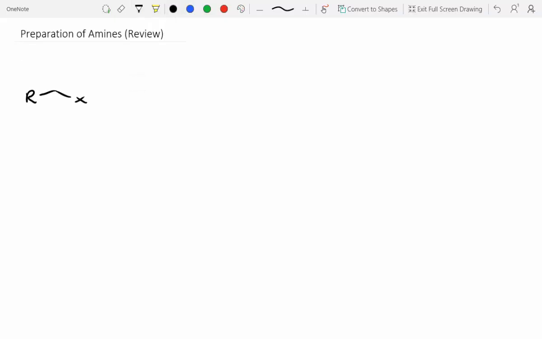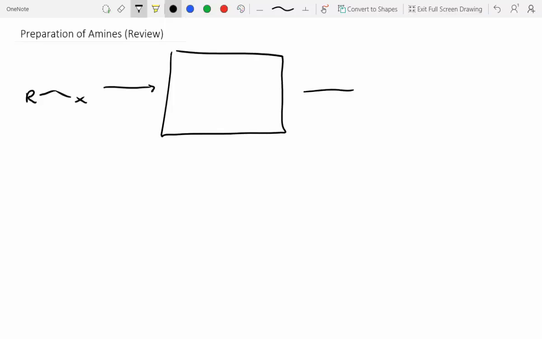So let's say I want to go from here all the way to the amine. So we've got an alkyl halide. We need to install one more carbon and we need to get an amine off of there. How can we do that?